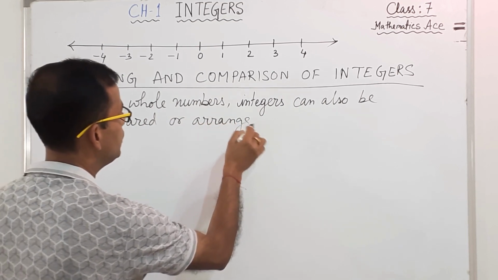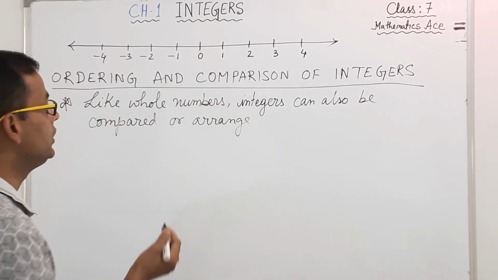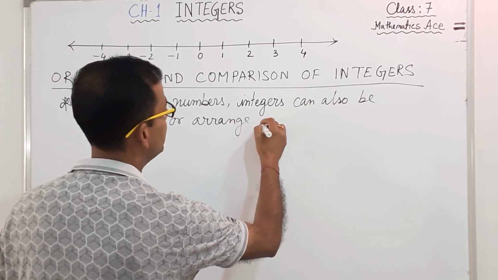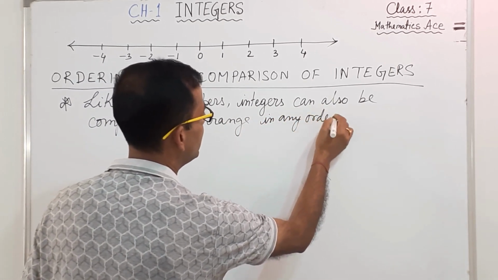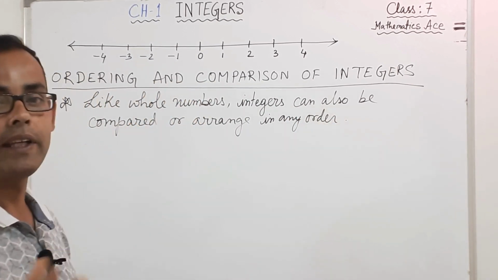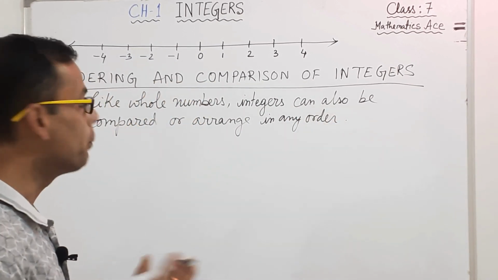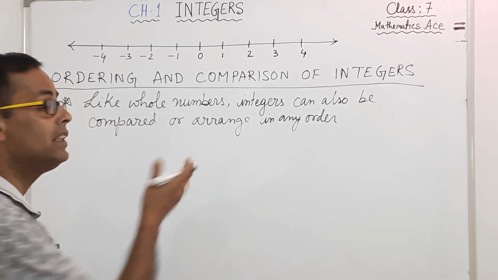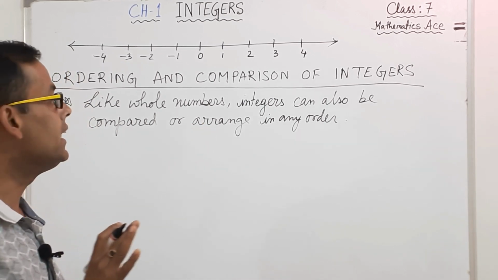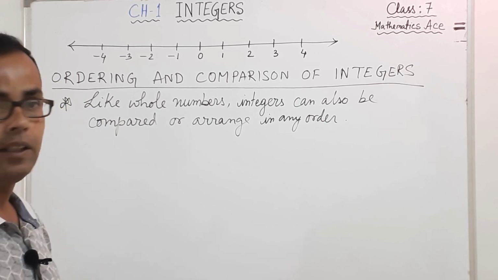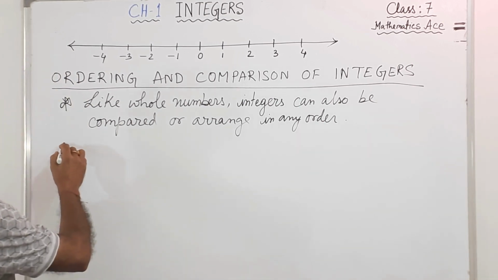You can arrange it, you can compare it also. Like whole numbers we can arrange in any order, we can compare also. Same way, integers also can be arranged or compared in any order. Understood?